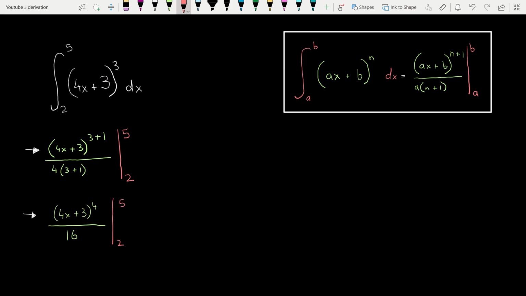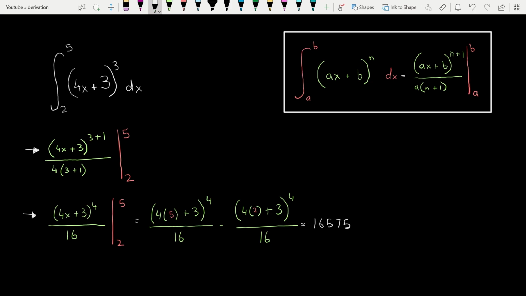Now all we've got to do is apply our limits. So wherever you see an x, you go ahead and put a 5 over there, and then you subtract the lower limit. So wherever you see the x, you go ahead and put the 2 over there, and that's going to look something like this. And once you solve this out, you put this in your calculator, you are going to get the area.